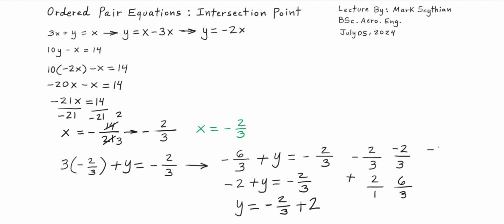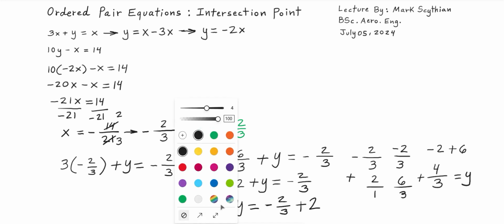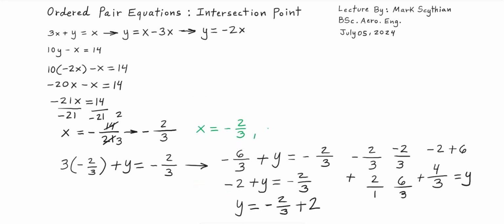So this then reduces to -2 plus 6. So this becomes +4 with the common denominator. So we have plus 4/3 is equal to y. So our y value is 4/3.